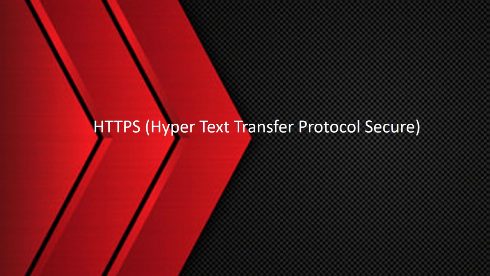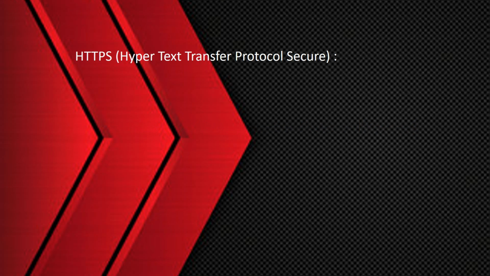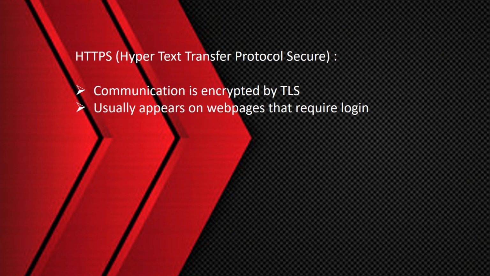Next, HTTPS. As you can tell, it's the exact same thing, just that it's secure. HTTPS communication is encrypted by TLS. Usually, if you go on to Amazon.com, it'll be HTTP, and then the second it takes you to a login page, you'll see it change from HTTP to HTTPS.